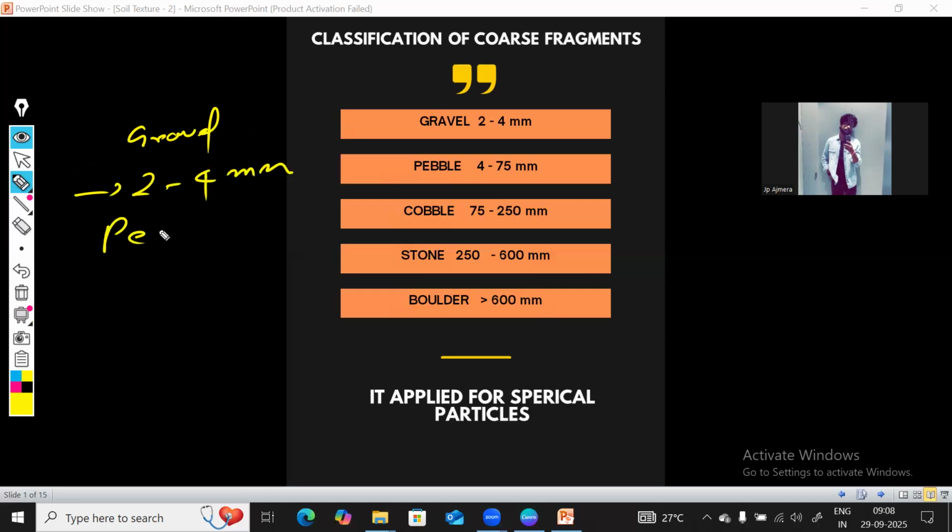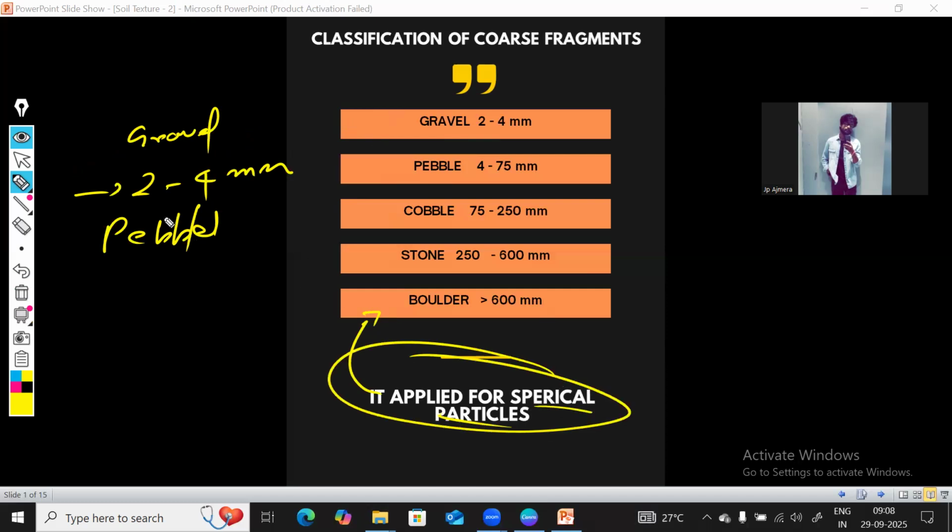Then comes the pebble. It is a classification for the round particles, spherical or cubic. Gravel is 2 to 4 mm. Then comes the pebble, whose size is 4 to 75 mm.